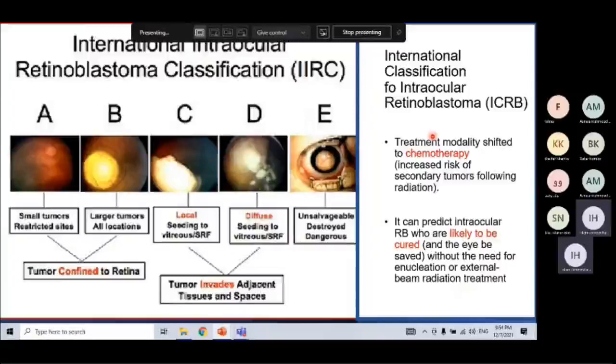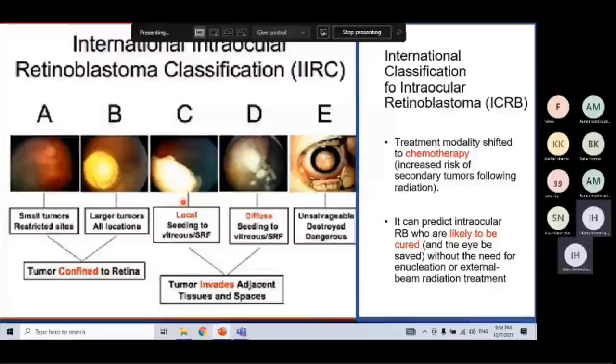This is why we needed a new classification, which is the International Classification of Retinoblastoma. It goes from A to E. A means a small tumor restricted to one site. B is a large tumor, and the tumor is only confined to the retina. It's not invading the vitreous, and it's not invading the subretinal fluid.